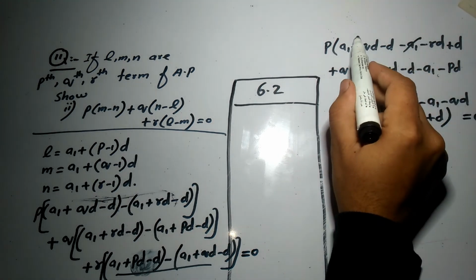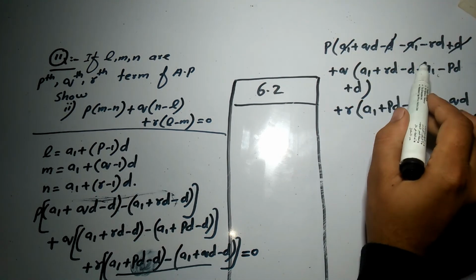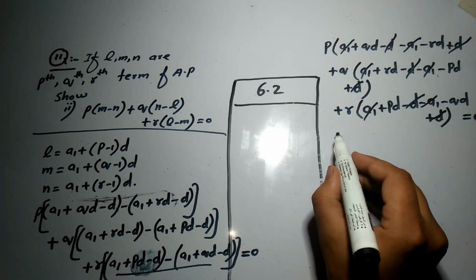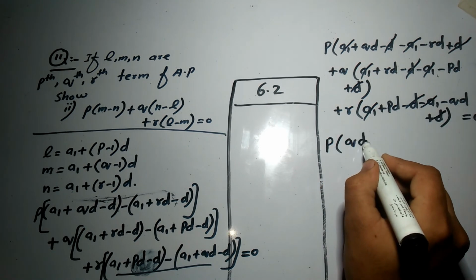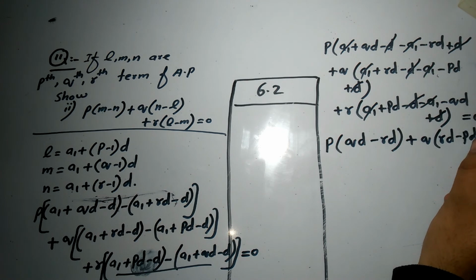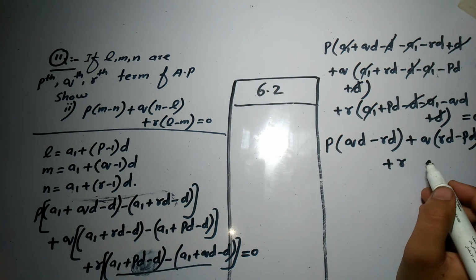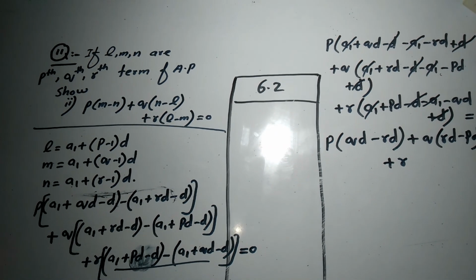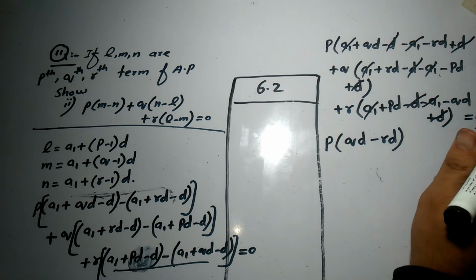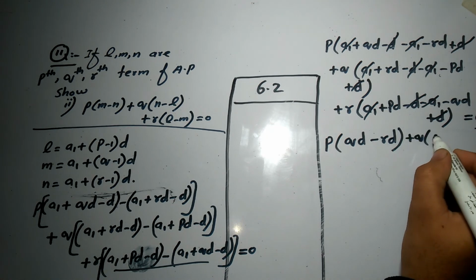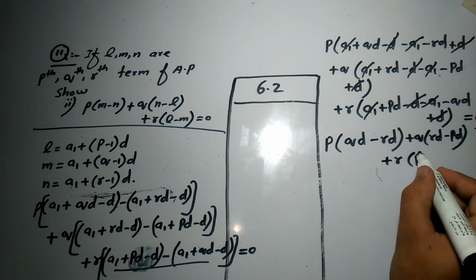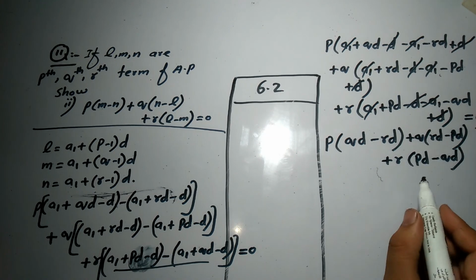So here a1 will be cancelled out with a1, D will be cancelled out with D. So our next expression will be QD minus RD plus QRD minus PD plus RPD minus QD is equal to 0.